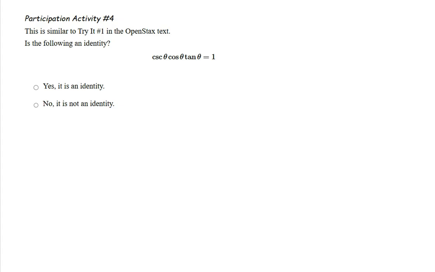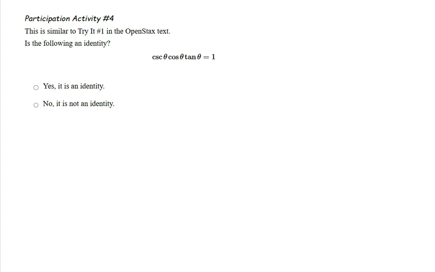I want to remain the same. So they're saying, is all this trig stuff equal to the number 1? Do they have the same identity? So you have to simplify all this trig stuff to see if you can get it to simplify to the number 1.